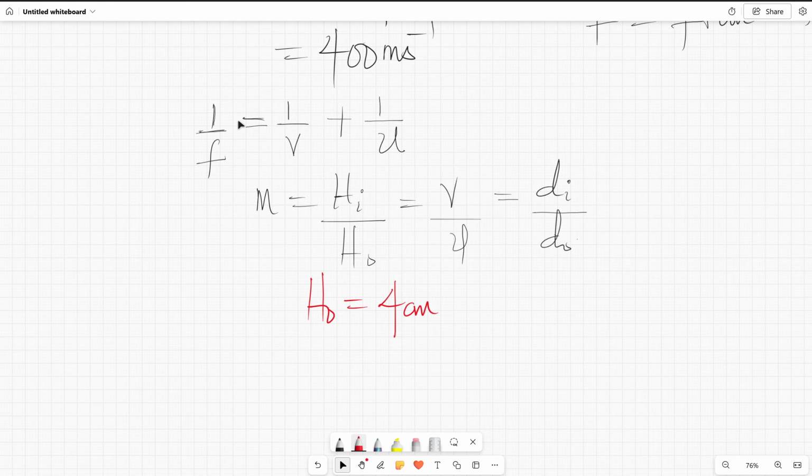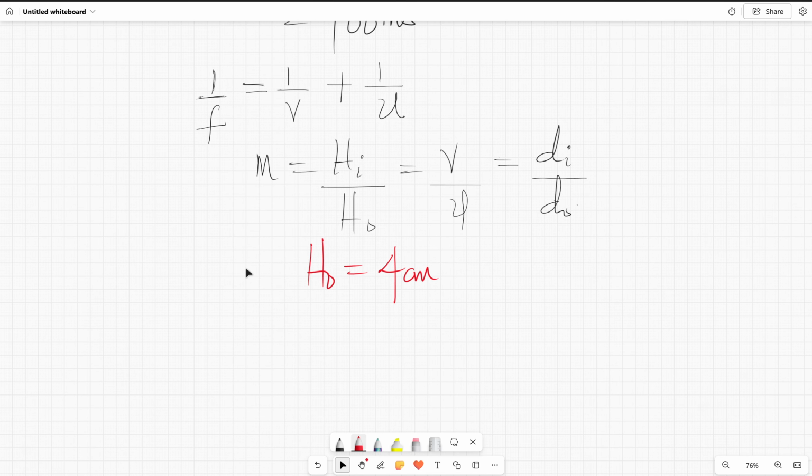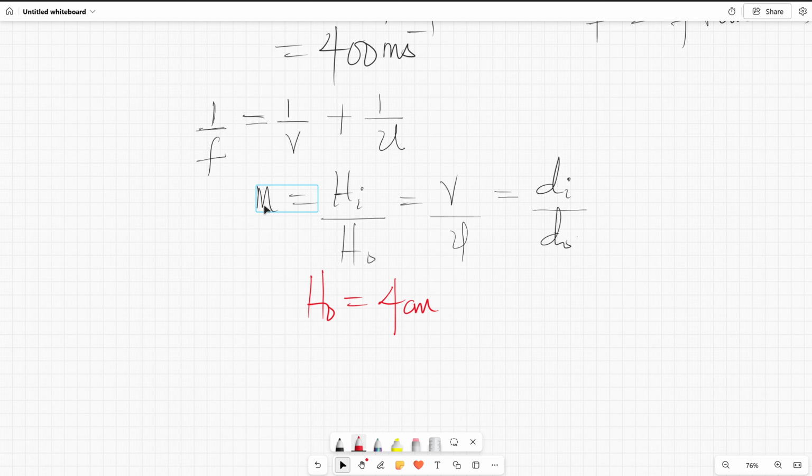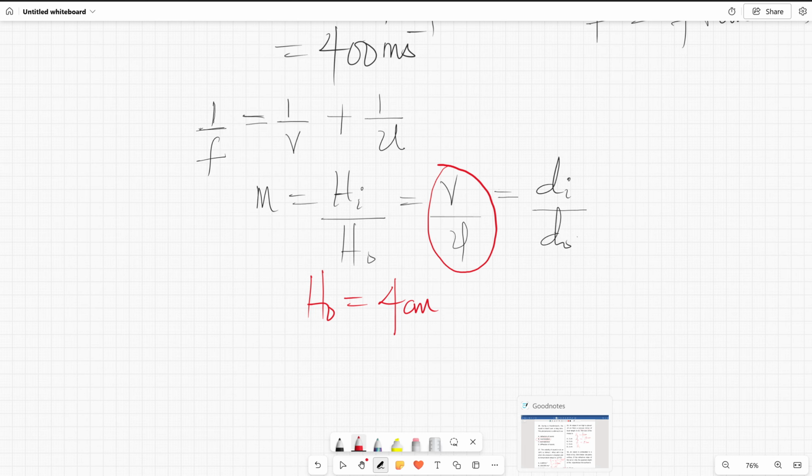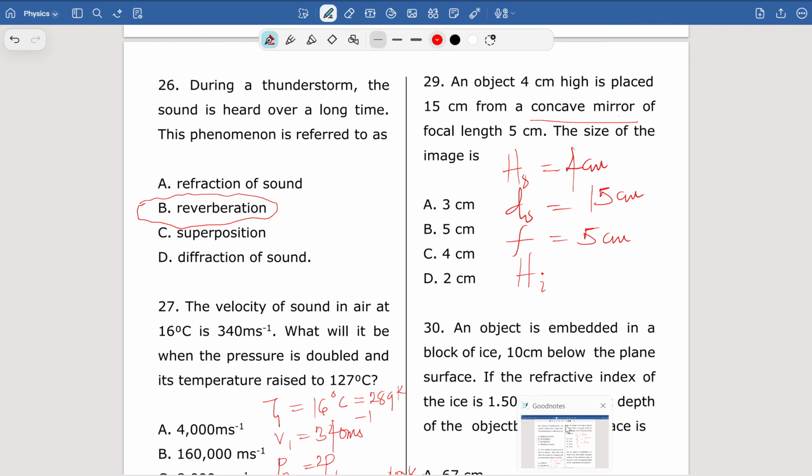So remember you are given focal length. So definitely you have something to do with this equation here. So if I want to bring out magnification here, magnification is this here, right? And I'm given another parameter that I can work with. You're given distance of object, that is u. You're given it to be 15.